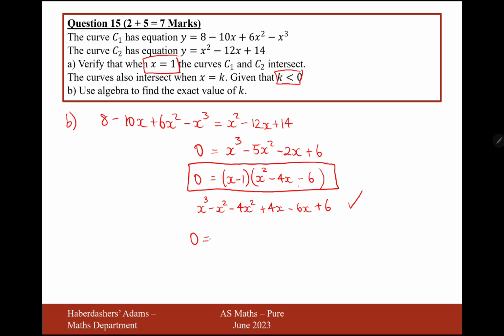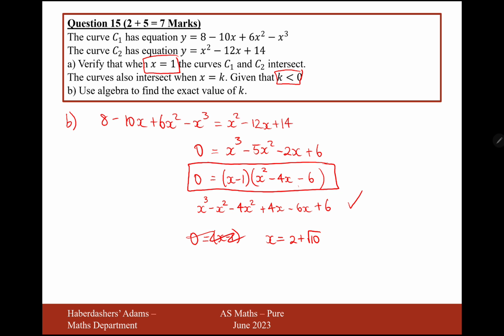What we're then going to do next is solve this quadratic here. And I don't think it solves particularly easily. We need to use the quadratic formula to help us solve this. So our next solutions from the quadratic bracket are going to be 2 plus or minus root 10 when you put that into the quadratic equation solver.